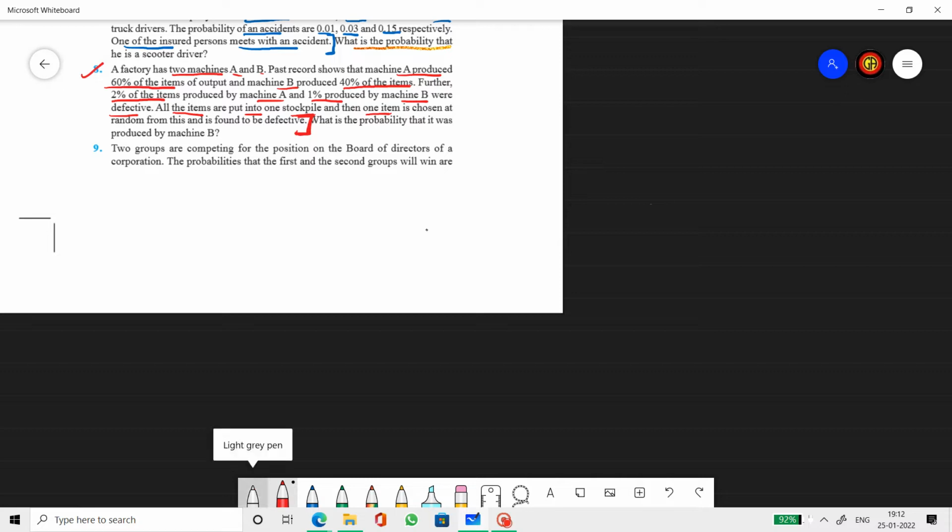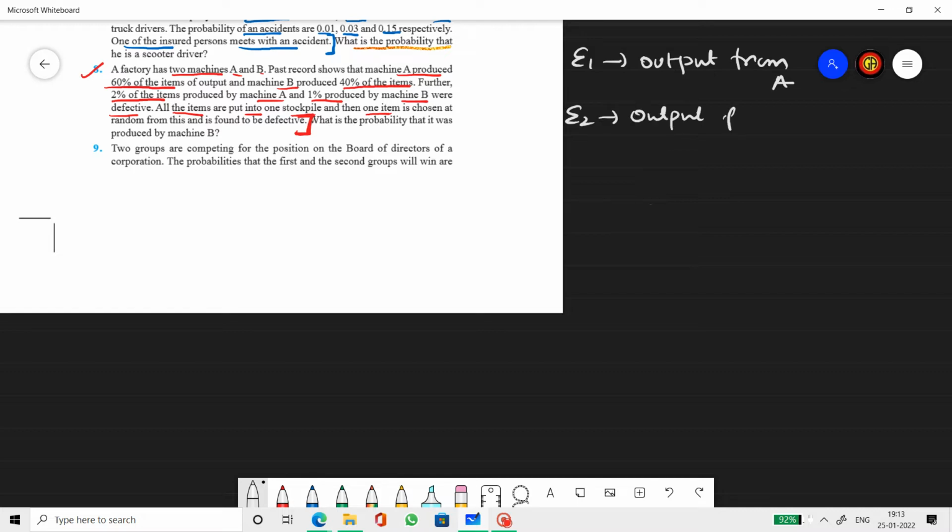Isn't it? Let E1 be selecting an item produced by machine A, and E2 will be an item from the output of B. A will be defective.